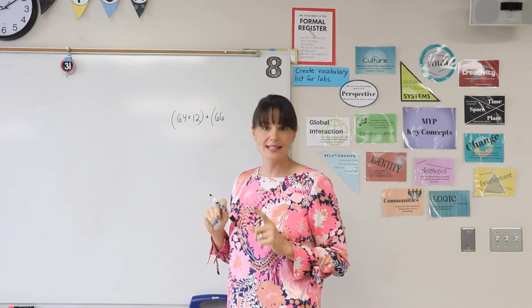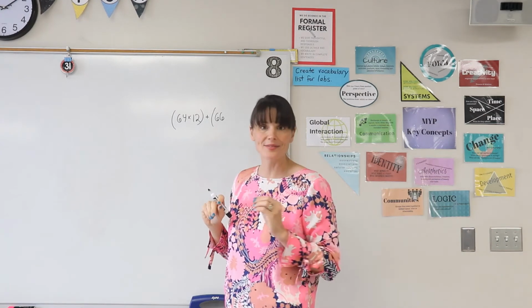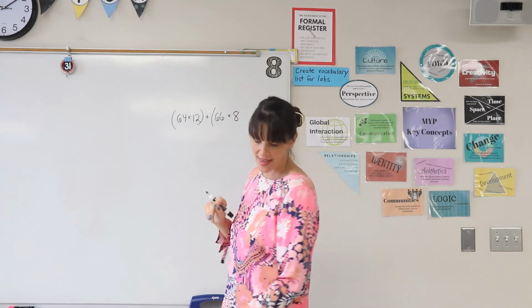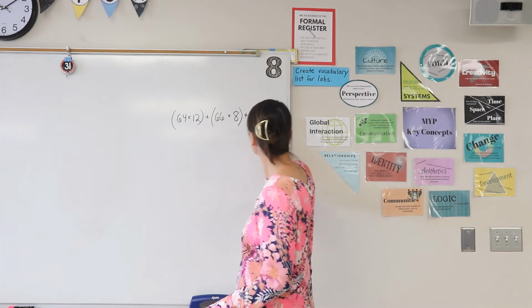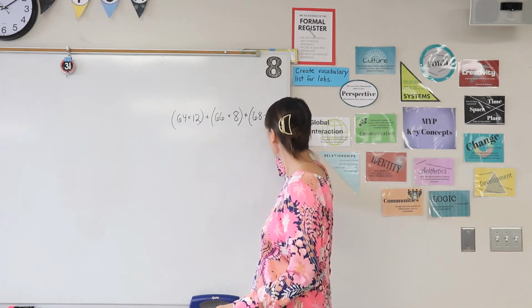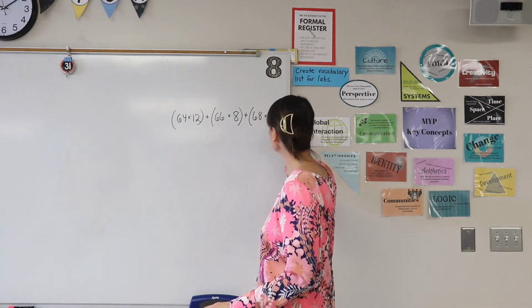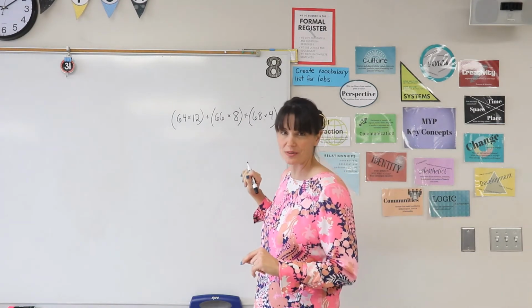How many 66s did we have? We had 8 of them. 66 times 8. And then for 68, we had 4 of them. So this is kind of the same as adding them all up. We're just doing it a little bit faster with multiplication.